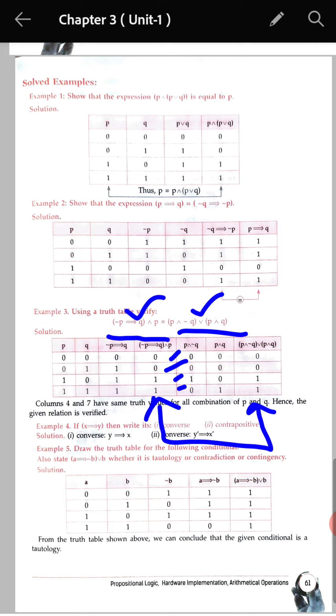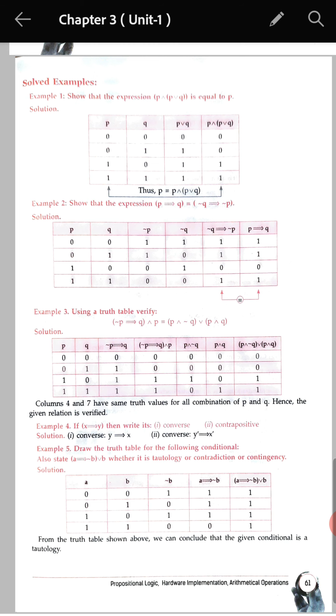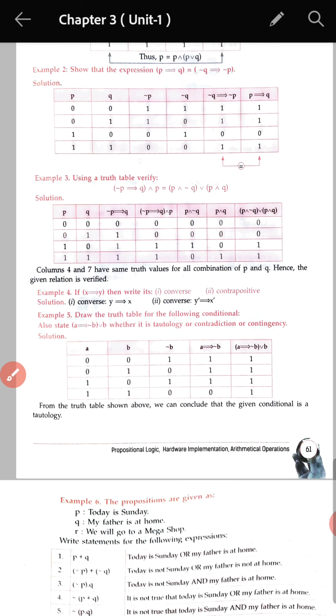Here they had found already 0, 0, 1, 1. And see, both are equal. Even some questions we are having of converse and inverse also. See, in this way they ask whether it is tautology, contradiction, or contingency.